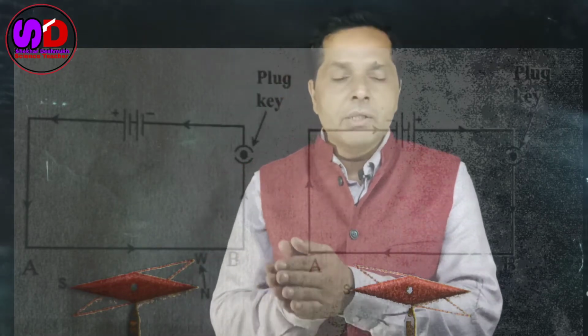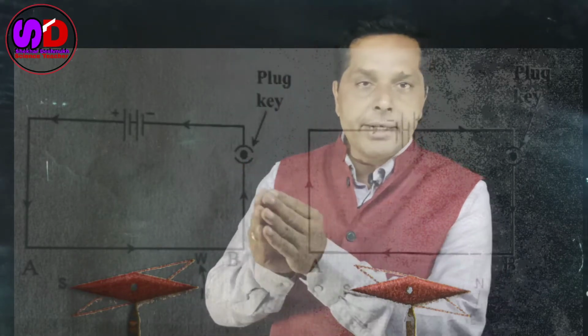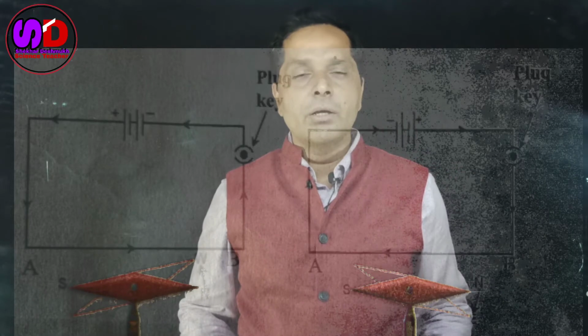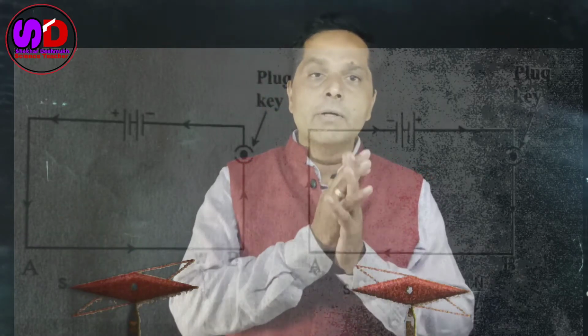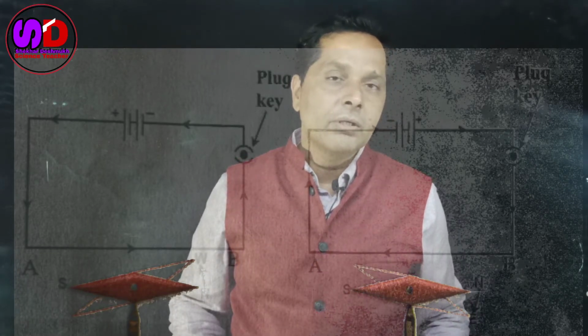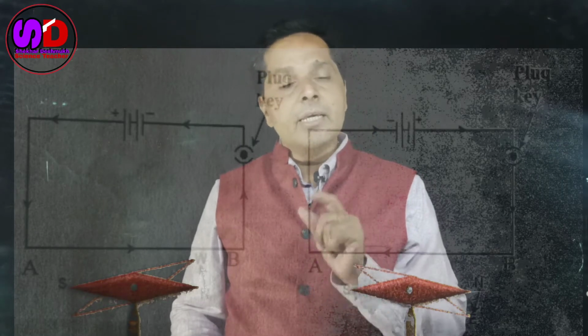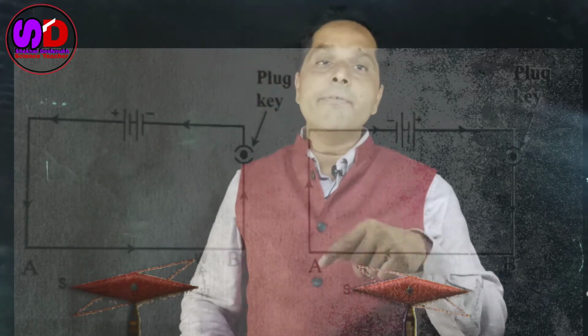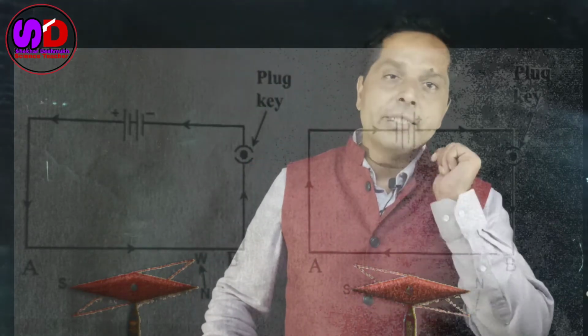Now, just by changing the positive and negative terminals, you can change the direction of electric current flowing through the conductor. Observe the deflection again. You can definitely see the magnetic needle deflects, but in the opposite direction.